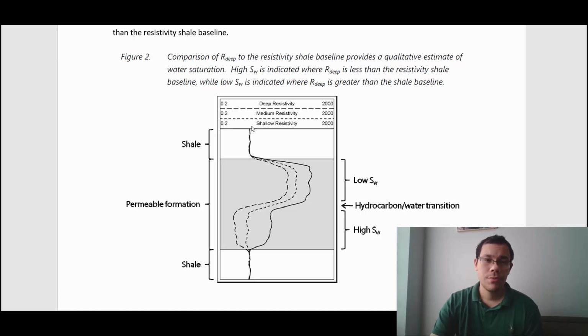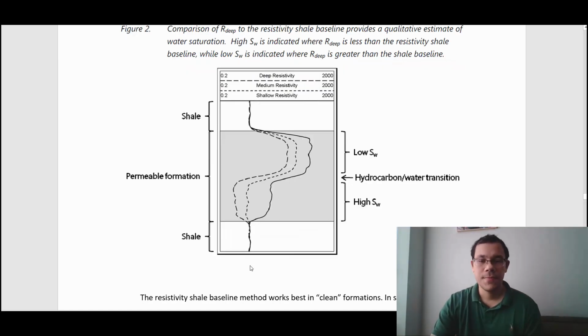What I want you to see in this scenario is the resistivity shale baseline, and now watch the deep resistivity curve. In formations containing hydrocarbons, your deep curve will give you higher values of resistivity. And in formations where there are no hydrocarbons, where it is full of water, it will give you low values of resistivity. That is like a general scenario.